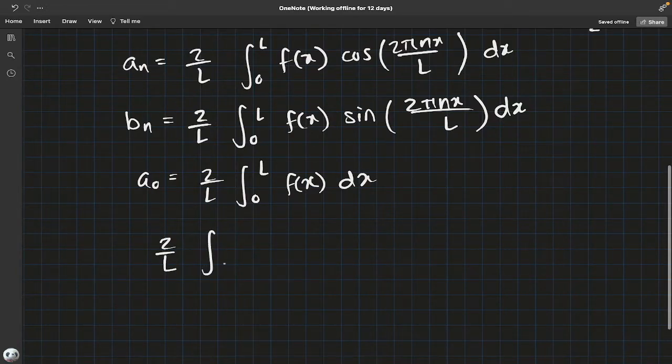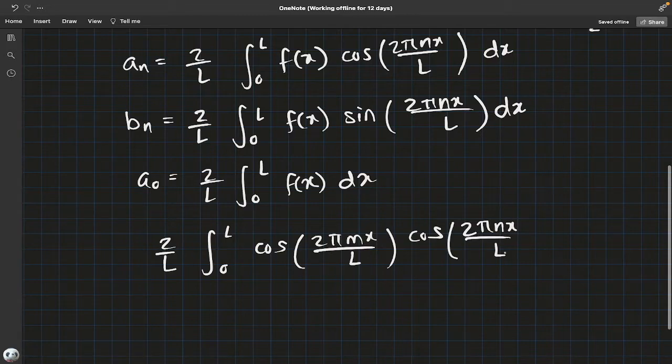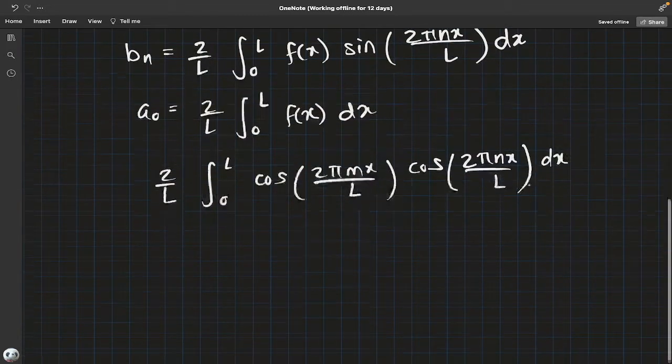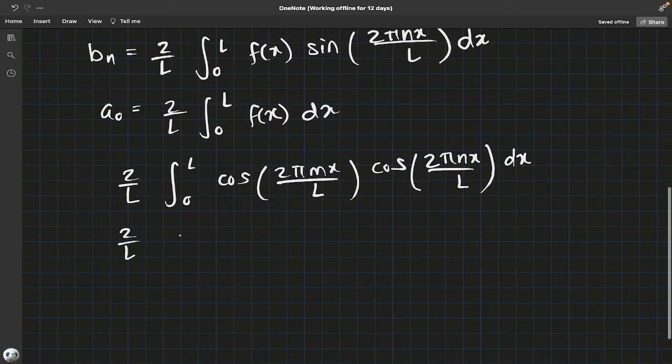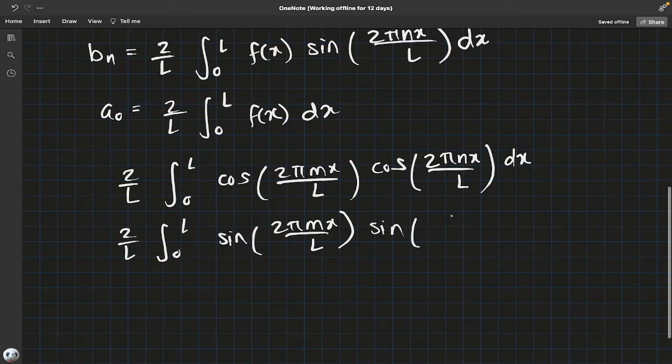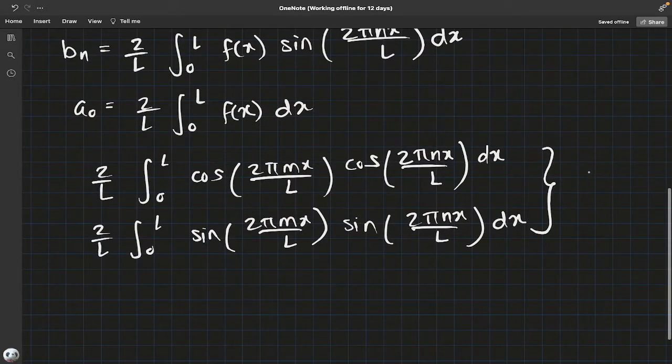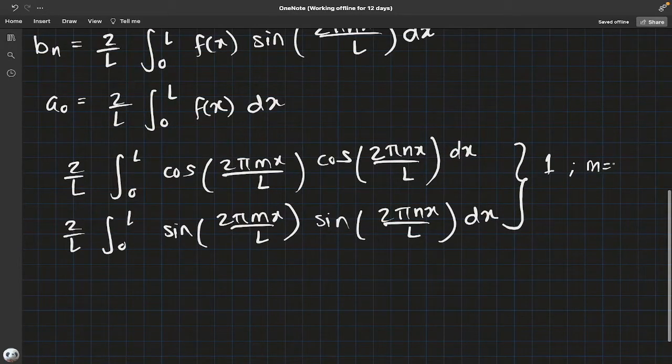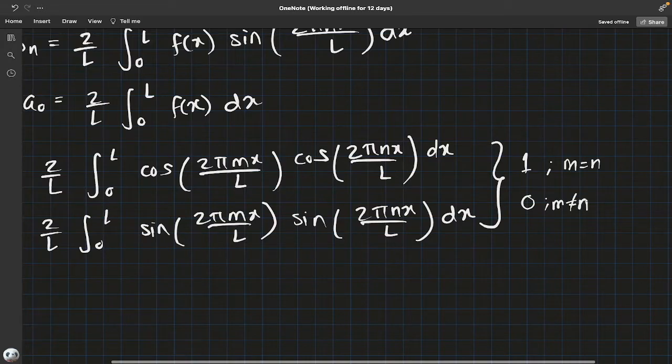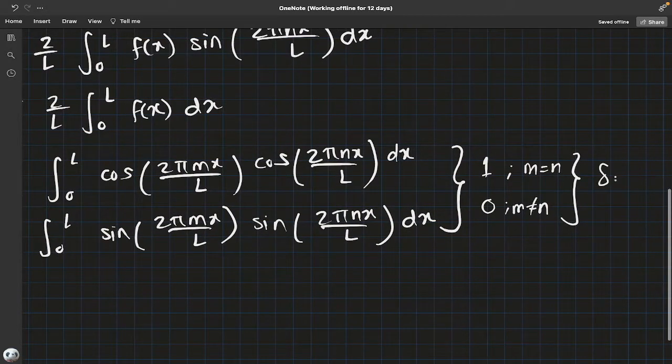If you have 2 over L integral from 0 to L of cosine of 2 pi mx over L times cosine of 2 pi nx over L dx, and say if you have 2 over L integral from 0 to L of sine of 2 pi mx over L times sine of 2 pi nx over L dx, well, it turns out both of these actually just evaluate out to give you 1 if m is equal to n and 0 otherwise, which I can write compactly as Kronecker delta mn. So it takes the value 1 when m is equal to n, otherwise it's 0.